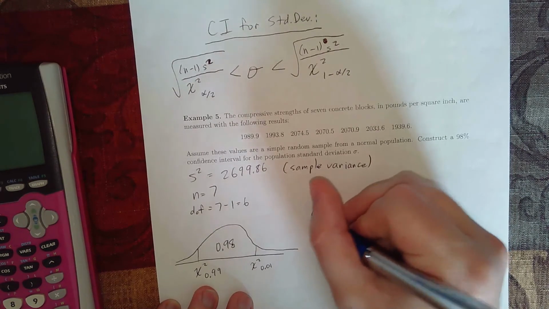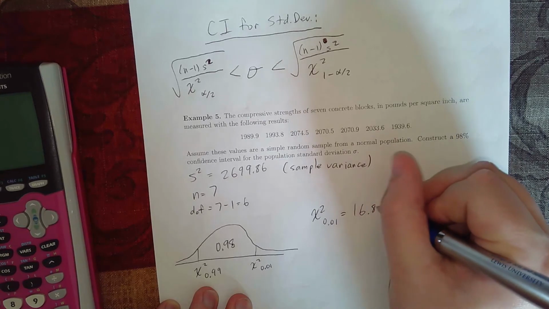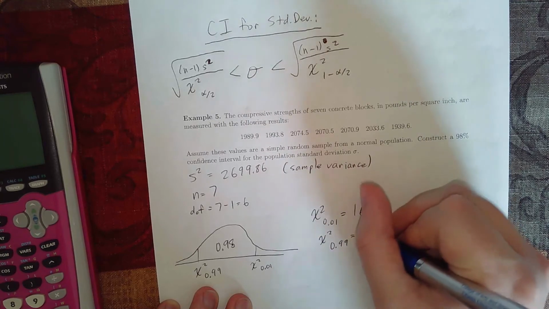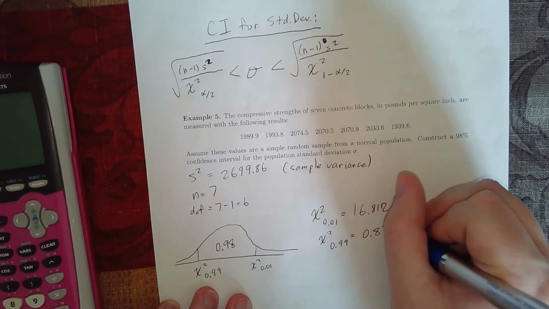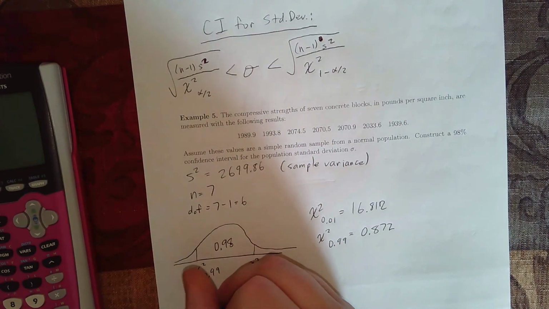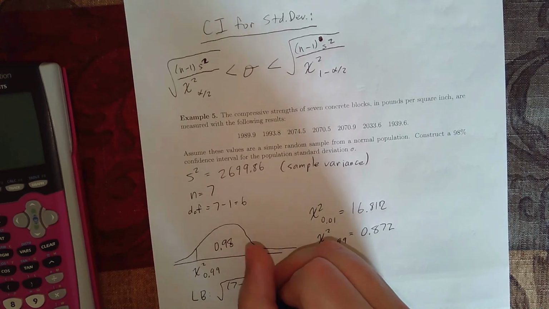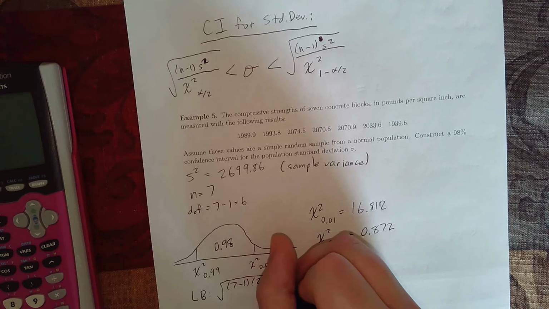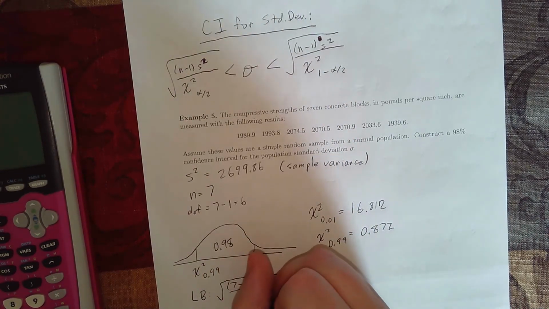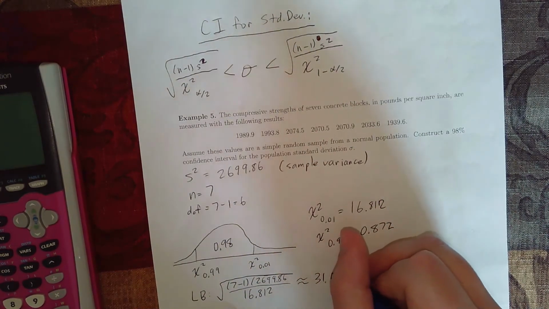And so we would need to find ways of getting the chi-squared for 0.01, which is going to end up being 16.812, and the chi-squared for 0.99, which is 0.872. And so here, our lower bound will be determined by taking the square root of 7 minus 1 times 2,699.86 over 16.812, which is approximately 31.041.